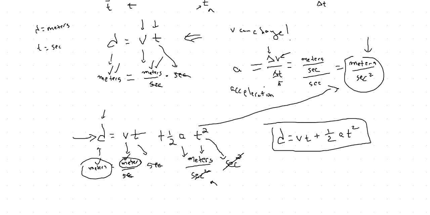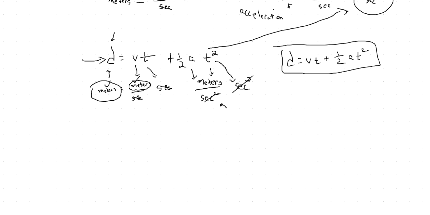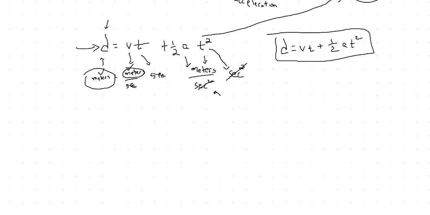Okay, as I said, this is a background for the lab, just a little discussion that we can all use, a little review. Okay, now remember, v is the change in distance with time, and a is the acceleration of an object, which means that the velocity changes with time. So suppose I have an object, I'll take a ball and we're going to drop it.